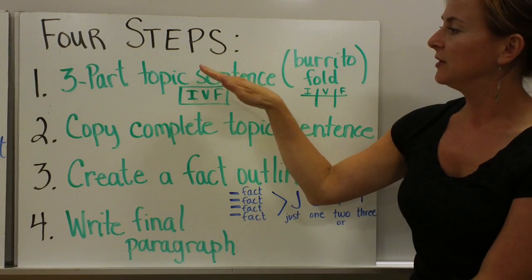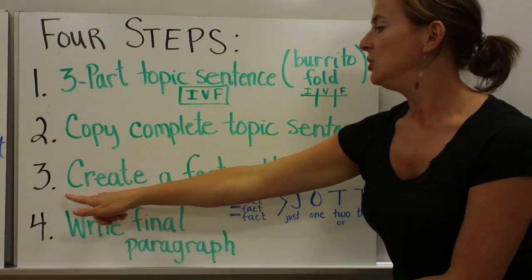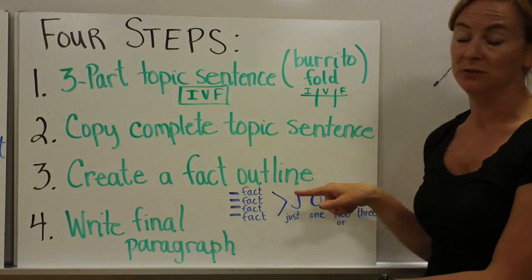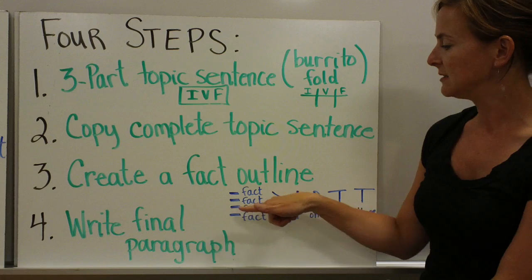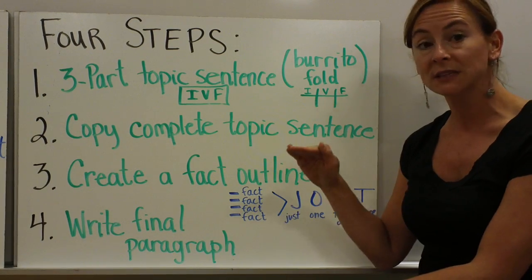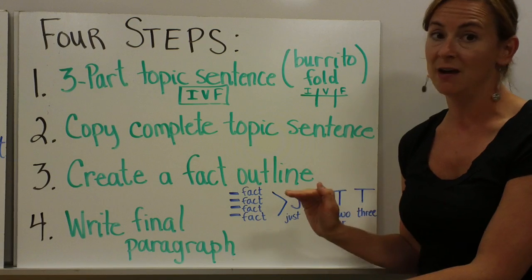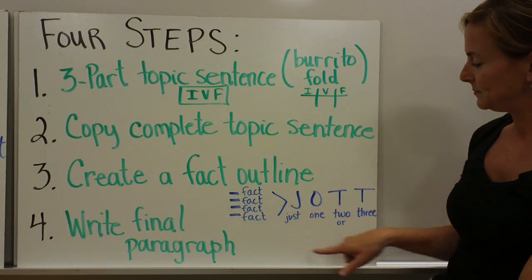After you have completed your topic sentence, you are going to create a fact outline. And a fact outline is simply these little dashes where you are going to go through the article and you're going to list the main facts. There's a part that I want you to notice here.